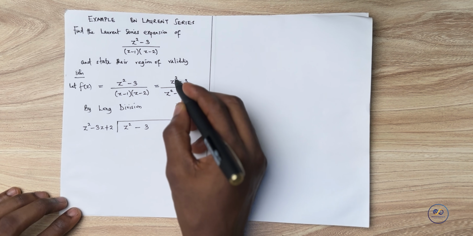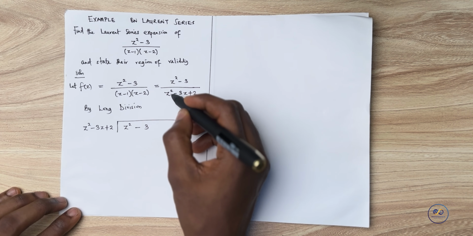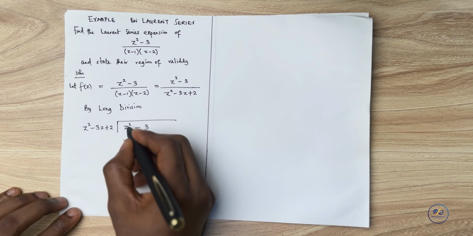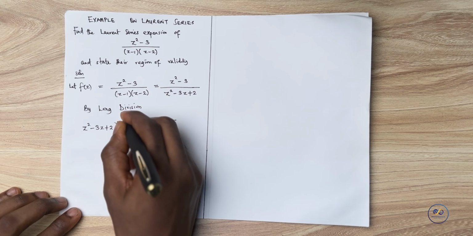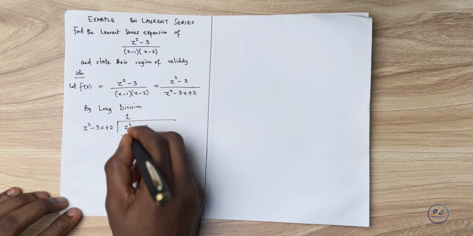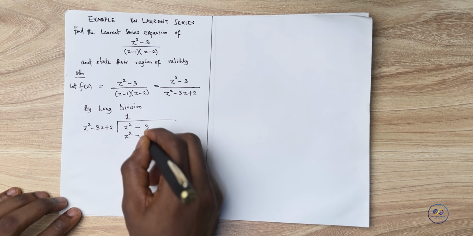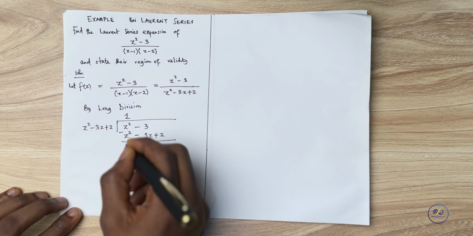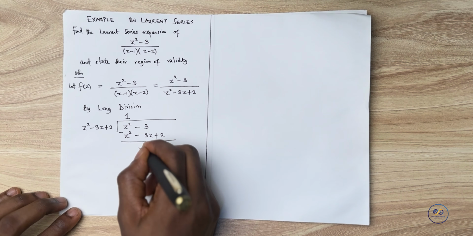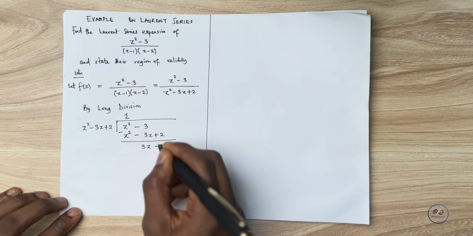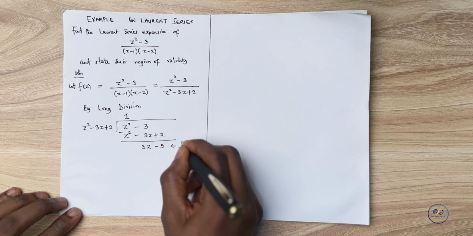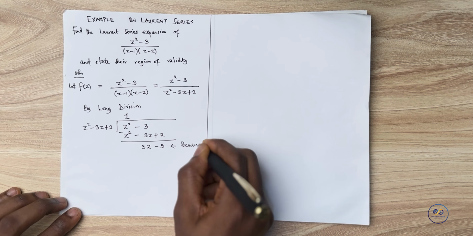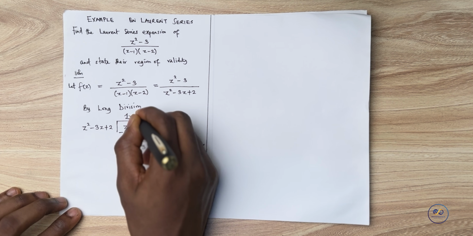That is done by simply dividing the highest degree term by the highest degree term. So z squared divided by z squared gives you 1, that is the quotient, and then you multiply by the divisor, and at the end of that we subtract. From here we see that what we would have left is 3z minus 5. This would be our remainder, while 1 would be our quotient.